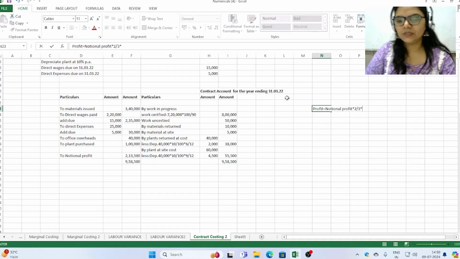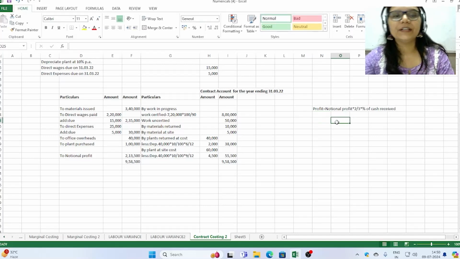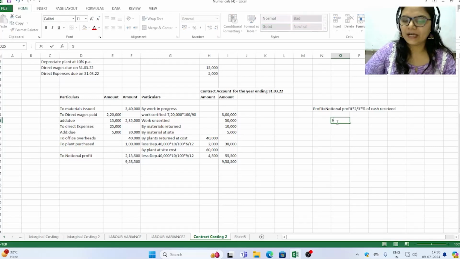into percent of cash received. Notional profit we have calculated as 9,58,500 into 2 by 3 into 90%. 90% of cash has been received.